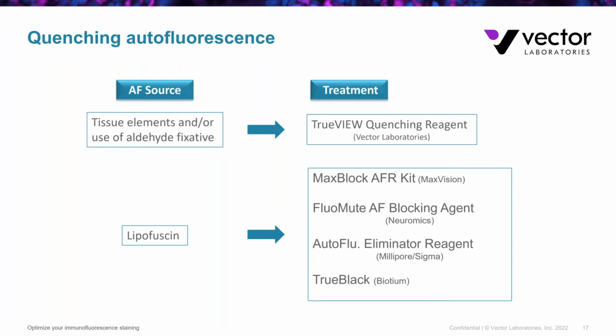It's probably lipofuscin, or if it's red blood cell related, for example, that might be due to some of these other cellular components. So identify the source of that autofluorescence and then implement the appropriate treatment to reduce it and hopefully eliminate it.